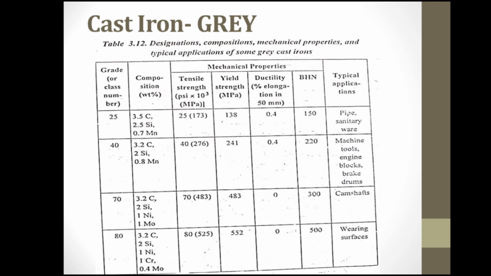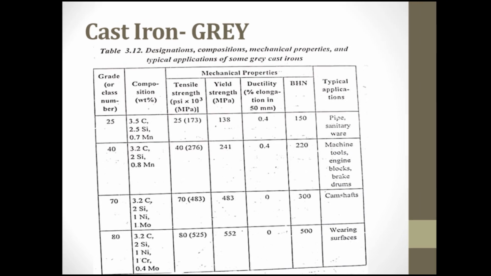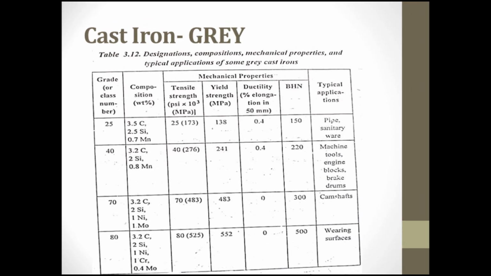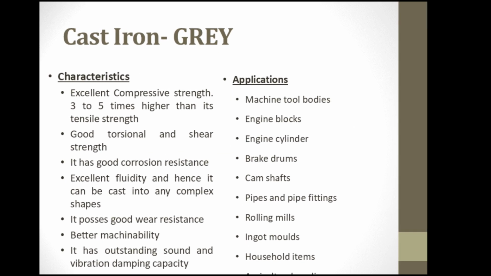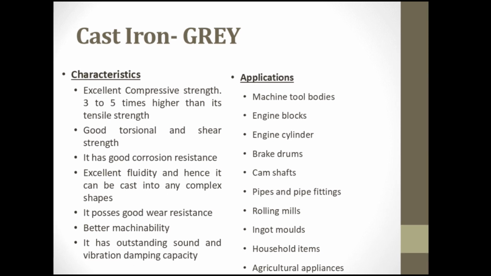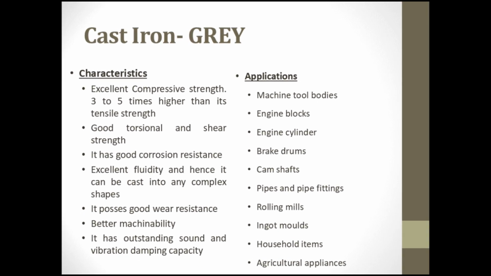Cast iron grey. This page shows the designations, compositions, mechanical properties, and typical applications of some grey cast irons. Characteristics: excellent compressive strength, 3 to 5 times higher than its tensile strength, good torsional and shear strength.